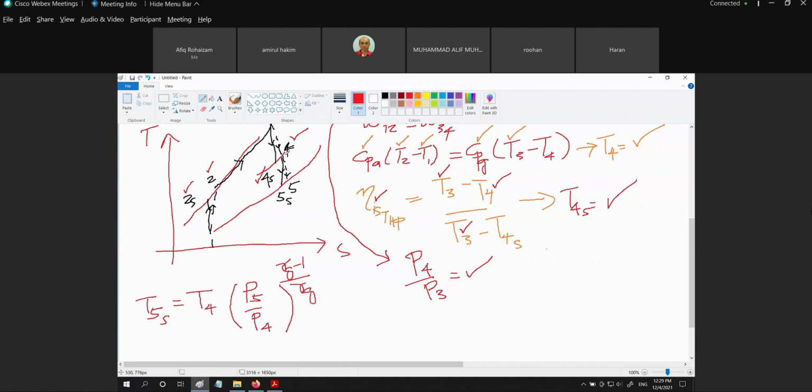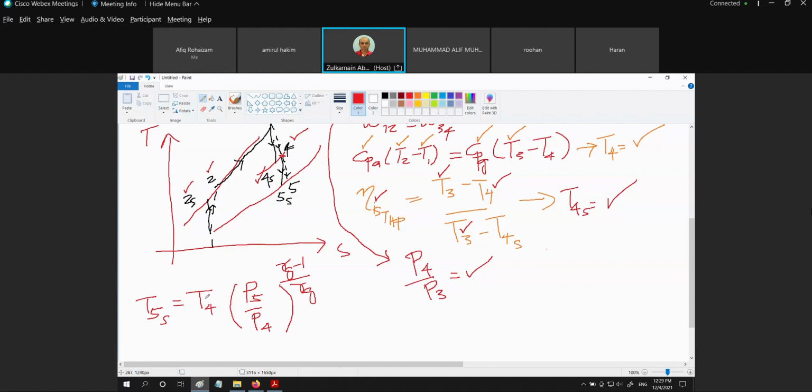See carefully. The beginning of the expansion process in the turbine low pressure begins at 4, not 4S. There's no line at 4S. After 4S, there is no line continuing the process. The continuing process is just from 4 to 5 and 4 to 5S. So this is T4, not T4S.